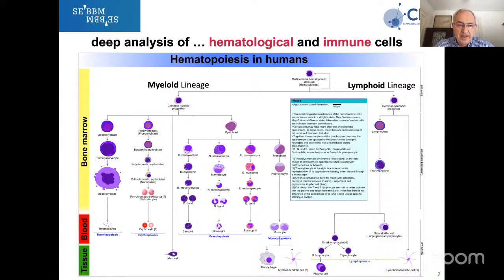How can we distinguish the different cell types and which ones are present in the tumors or which ones are present only in the microenvironment around the tumor and things like that? So this was our first approach to study a lot of data related mainly with bone marrow samples.